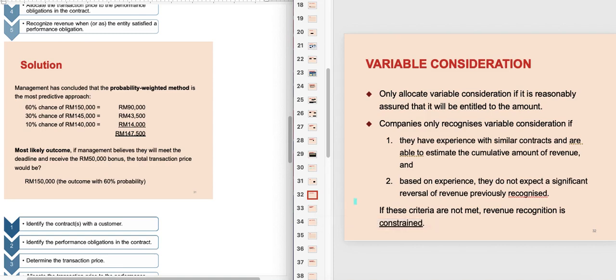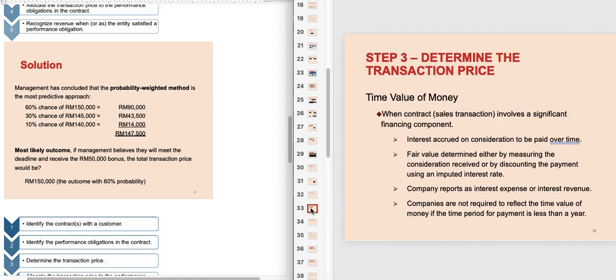So when you are not sure on the variable part, basically you should set the TP at a fixed amount, because the condition to include the variable element into the TP is only if you are certain and the amount is predictive, right?